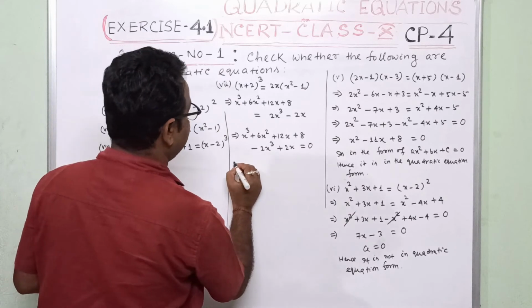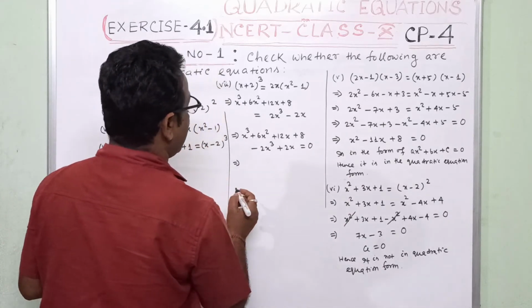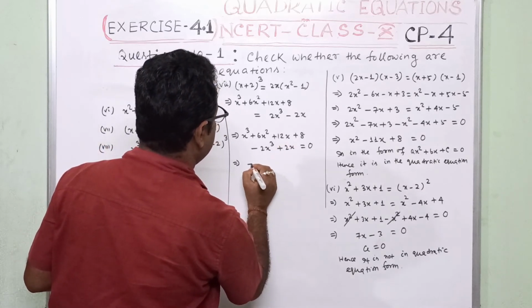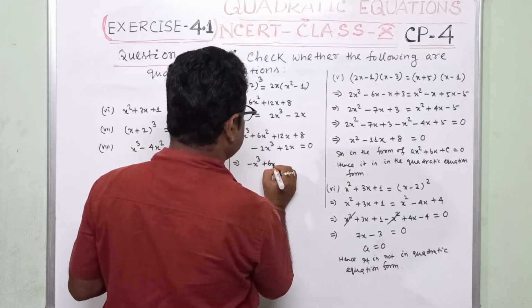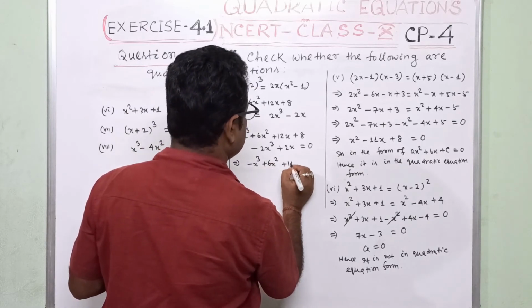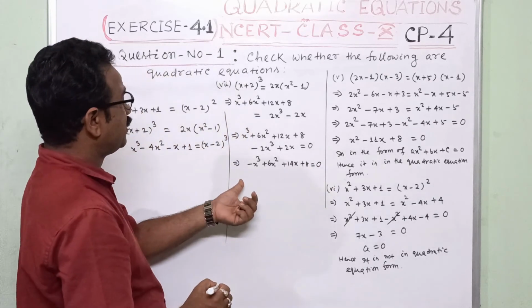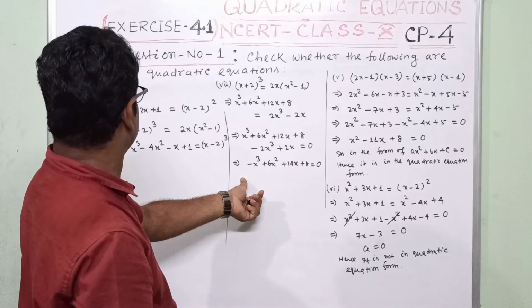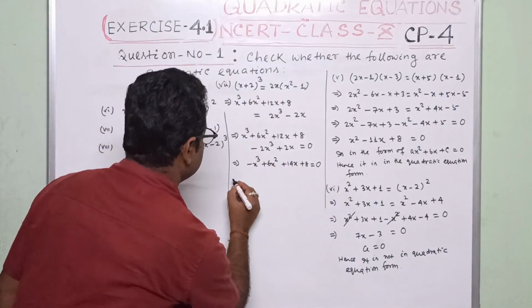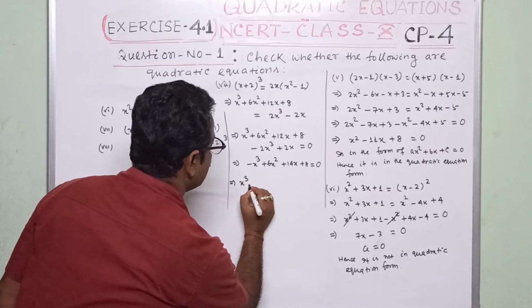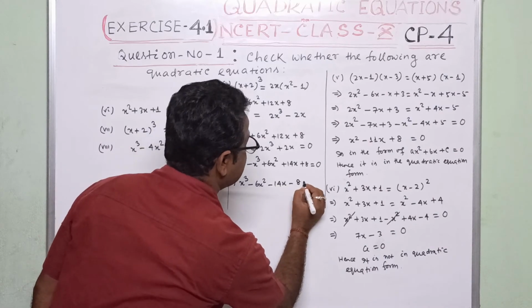So now that implies minus x cube plus 6x square plus 14x plus 8 is equal to 0. Or we can write, by making x cube positive, x cube minus 6x square minus 14x minus 8 is equal to 0.